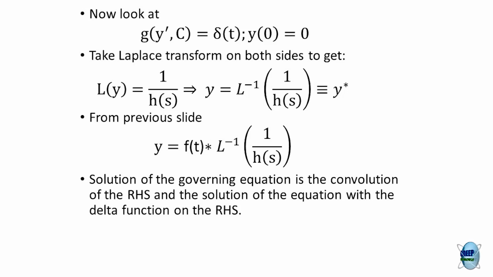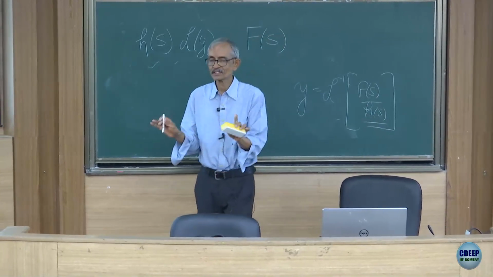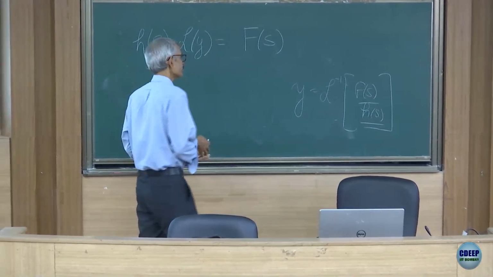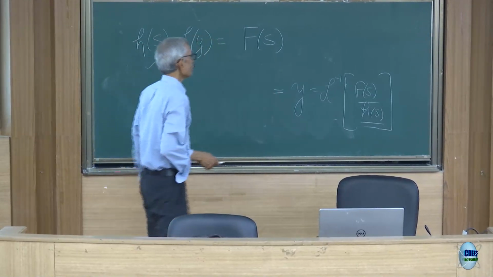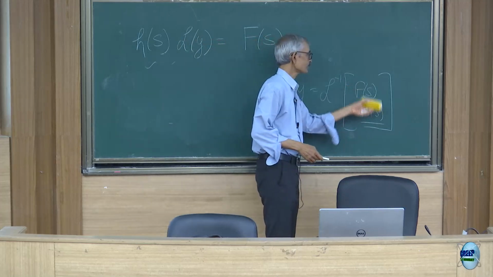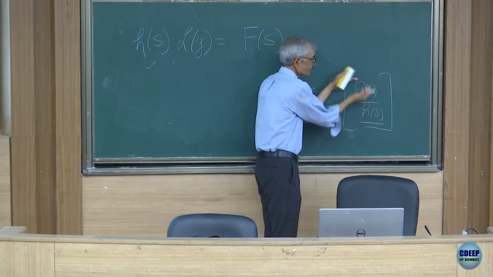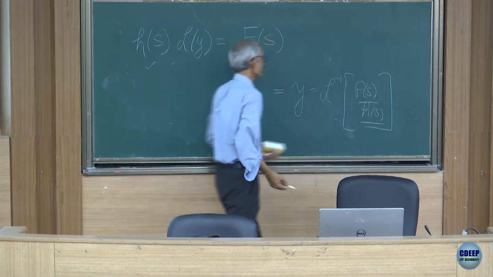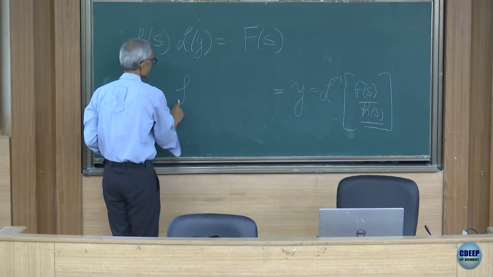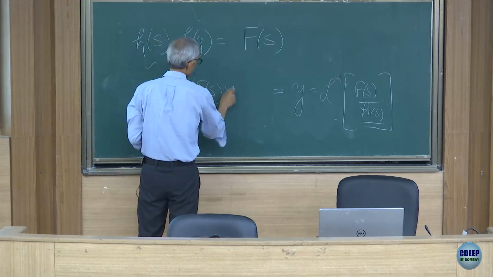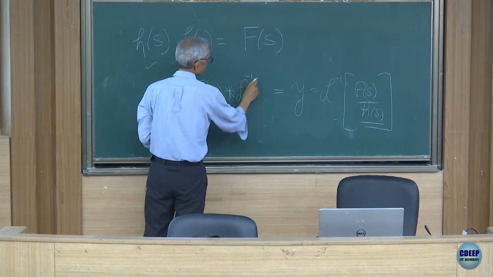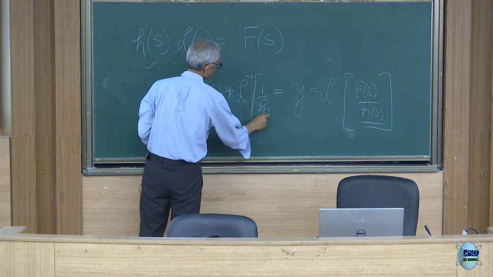So this guy here is written up as, okay, this we are not proving. It's a straightforward proof, but we don't want to do that here. So y is going to be the Laplace inverse of some function divided by some function, then you can write y as equal to Laplace inverse of fs convolved with the Laplace inverse of 1 by hs.